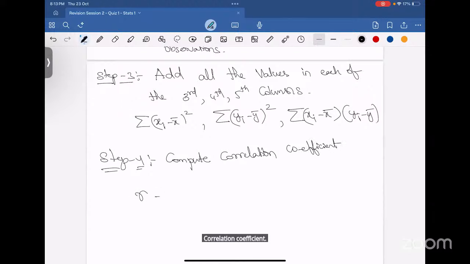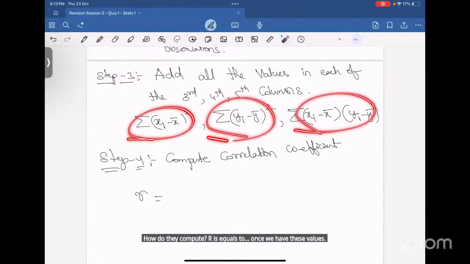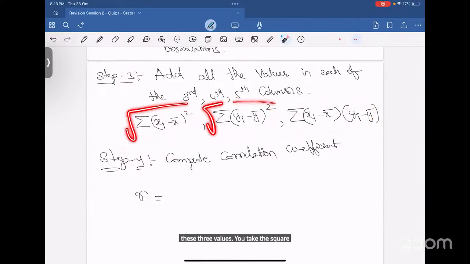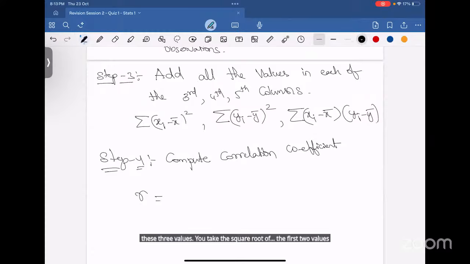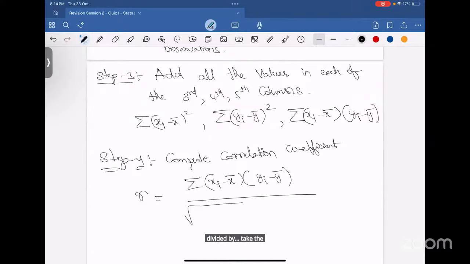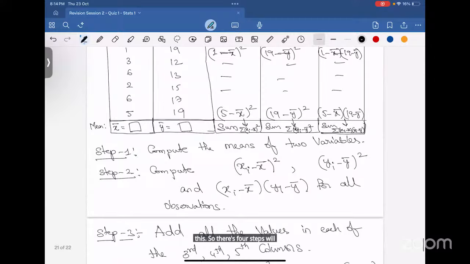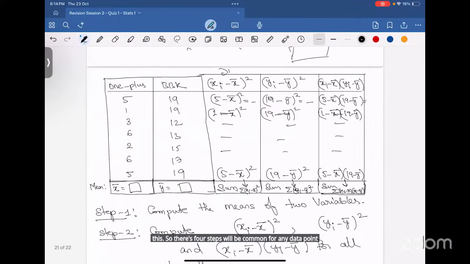How do I compute? R is equal to, once we have these 3 values, you take the square root of the first 2 values. It is simply the third value in the numerator, divided by the square root of this multiplied by the square root of this. So these 4 steps will be common for any data values that are given here.